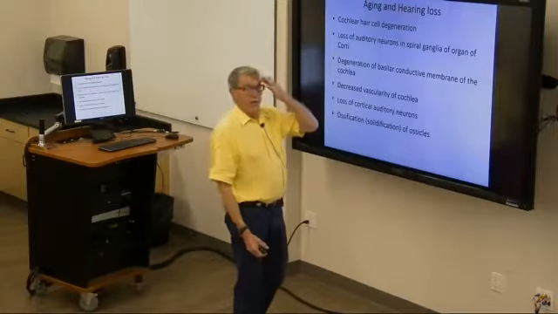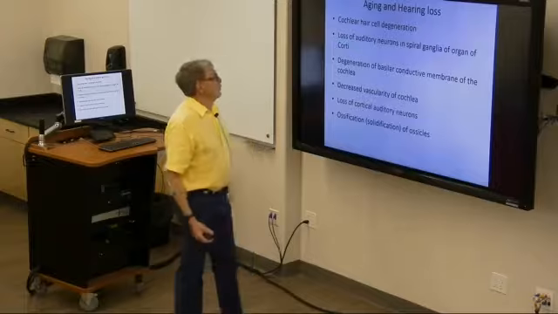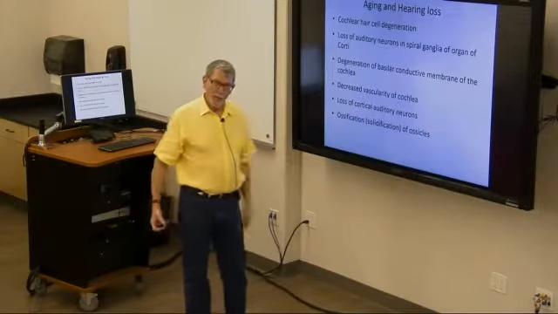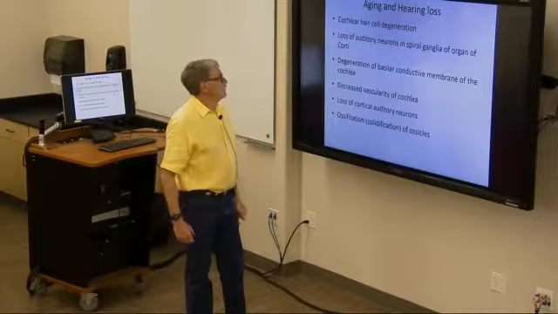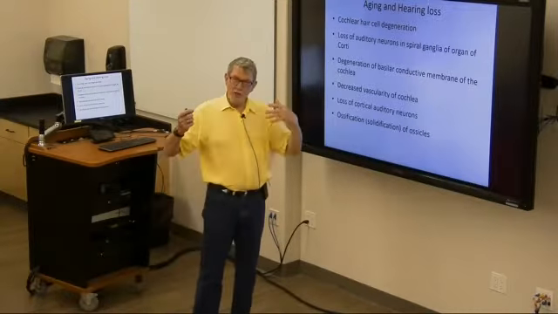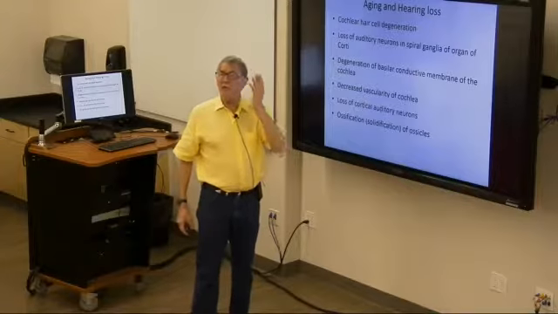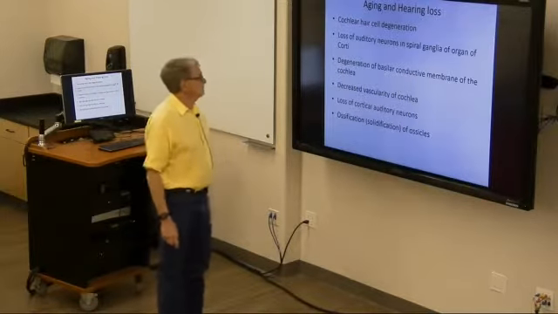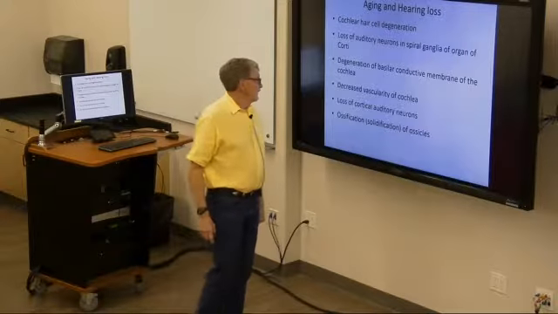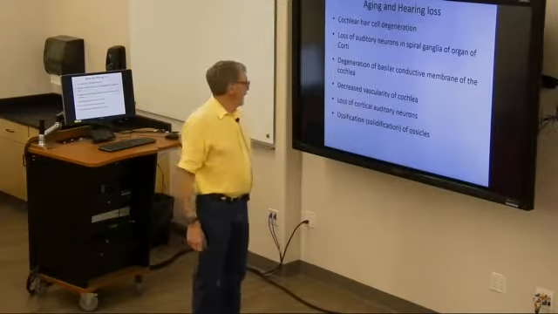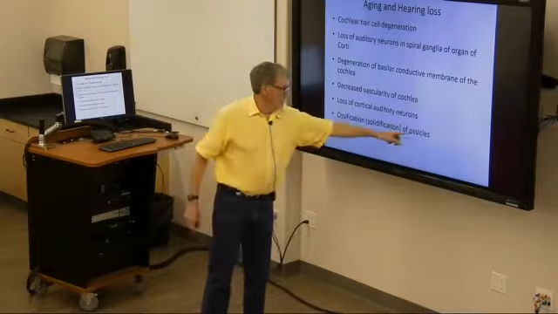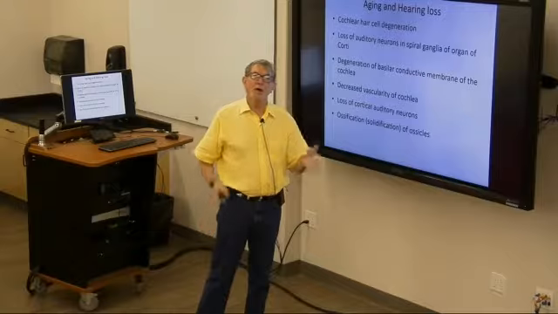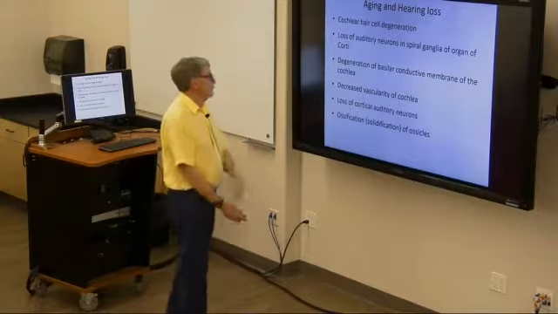And age and hearing loss, I kind of went over this. Presbycusis, the hair degeneration in the cochlea. The neurons decrease in number, maybe even in the brain. Your brain shrinks when you get old. Decreased blood supply, or ossification, solidification of the ossicles, so you have a conductive hearing loss.